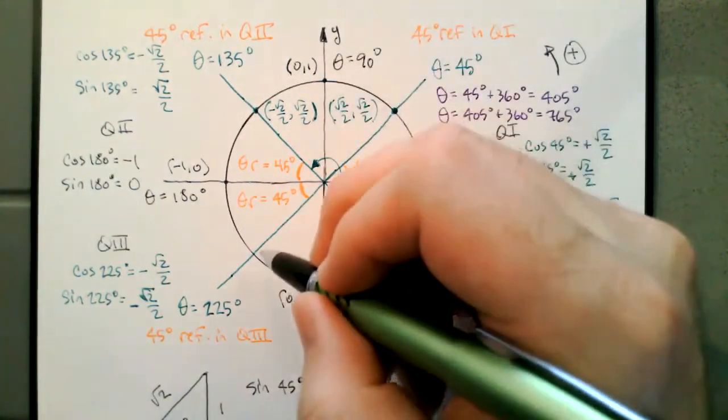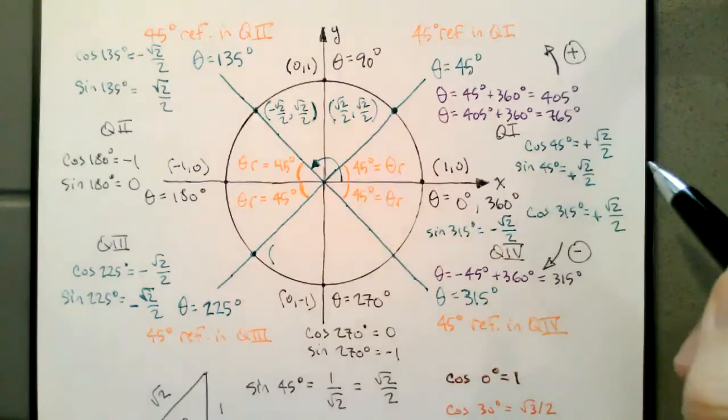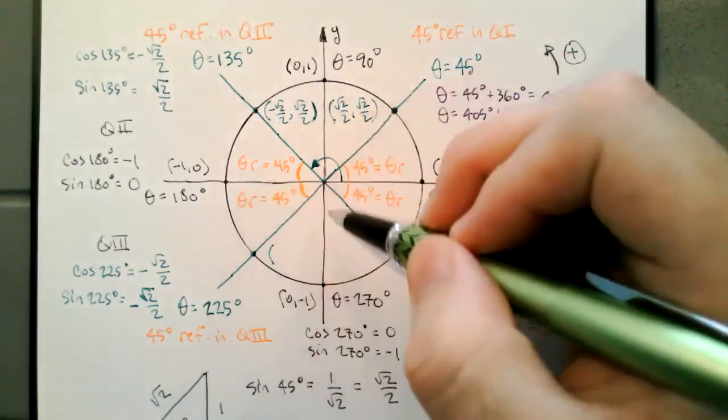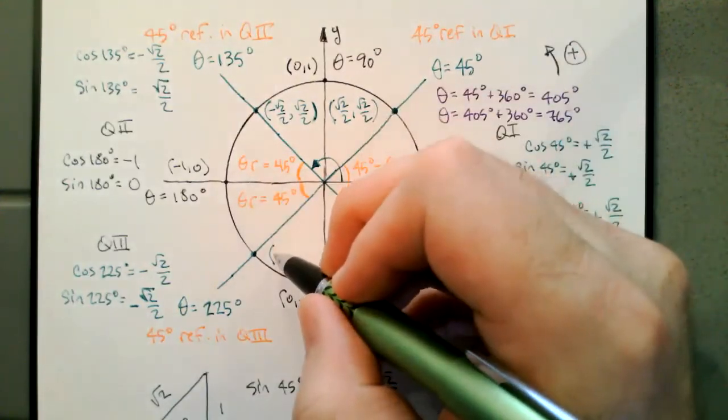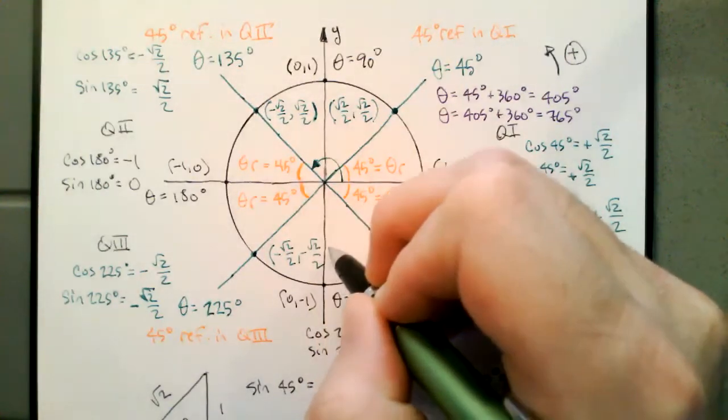Going around to where 225 hits the unit circle, we have a negative x coordinate and a negative y coordinate, and the values are negative root 2 over 2, negative root 2 over 2.